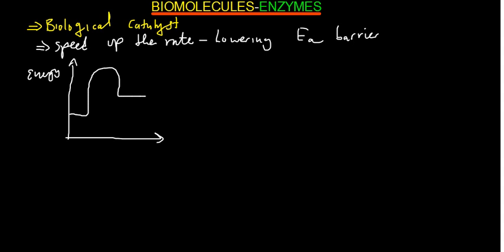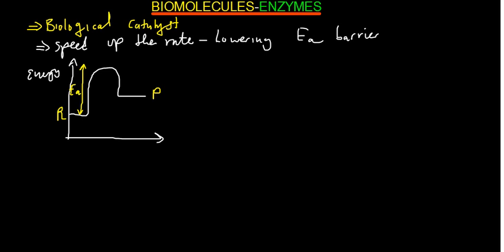Okay, so from here, this hill that has to be taken. So at the beginning you have got reactants, at the end you have got products. So this energy that has to be taken in for the reaction to reach the maximum point there, this is what we call the activation energy. Okay, that's the activation energy.